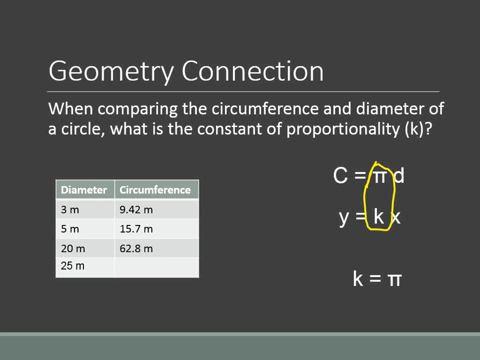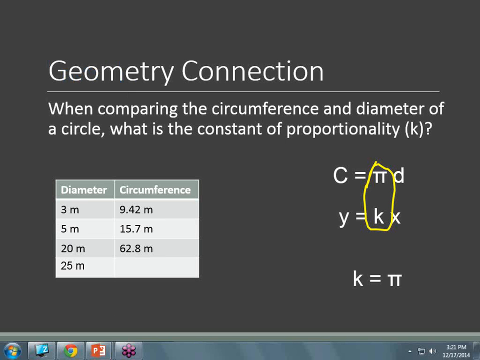If we know that the diameter of a new circle is 25 meters, and the constant of proportionality is pi, and we just use 3.14 for pi, what would the circumference be? Can you all quickly do that on your calculator? What would the circumference be for a 25-meter diameter circle?